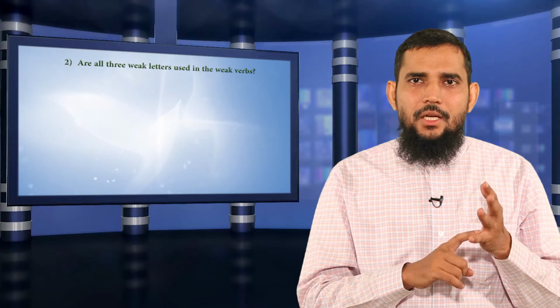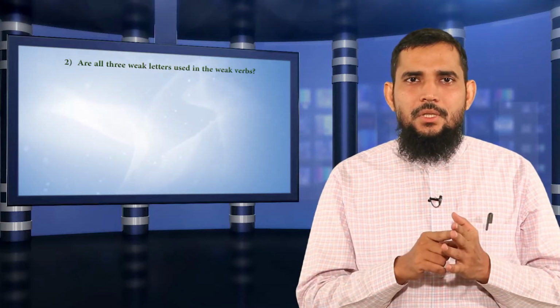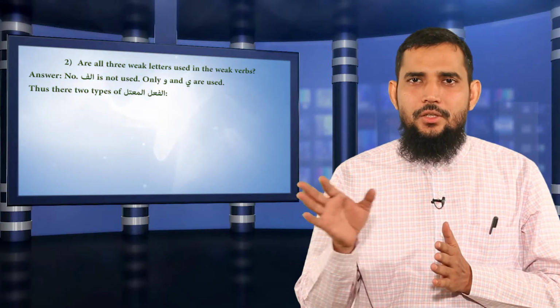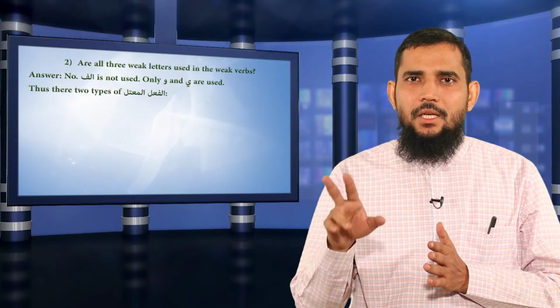So now I'll come back to the actual question. Are all three weak letters alif, waw, ya used in the weak verbs? The answer is very clear: no. Alif is not used at all, only waw and ya are used.